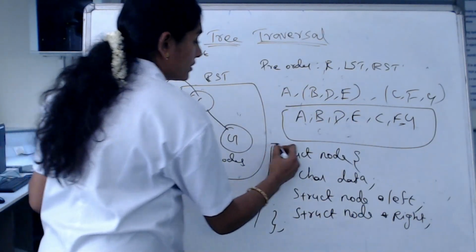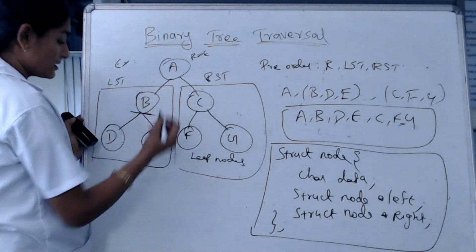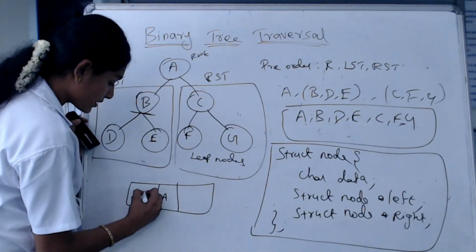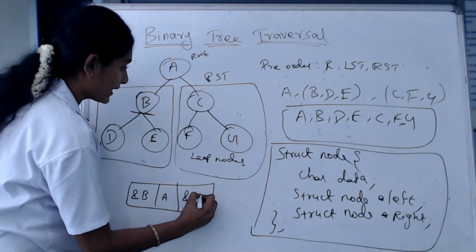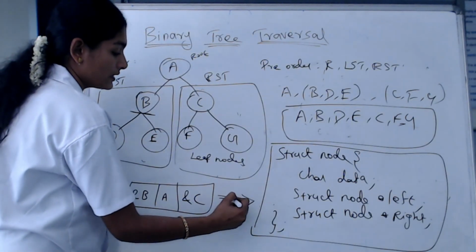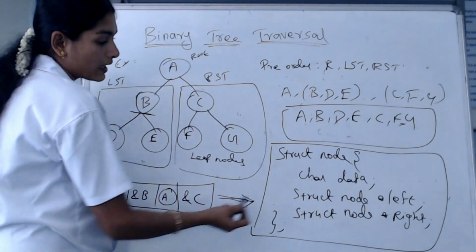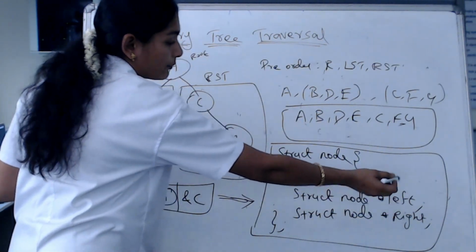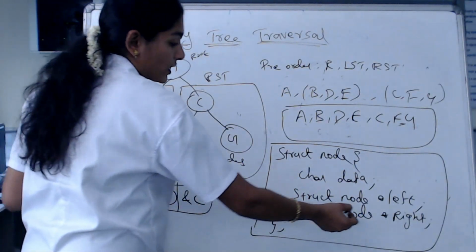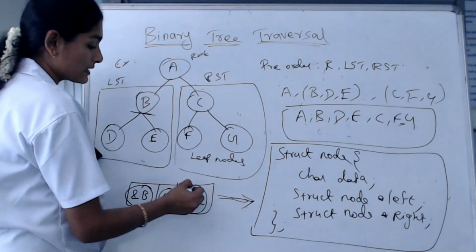This is the node declaration. Consider A is stored like this: A, the address of the left child, that is B, and the address of the right child, that is C. We can write this in C code. Struct node, char data represents A. Struct node star left represents the address of the left child, that is B, and struct node star right represents the address of the right child, that is C.